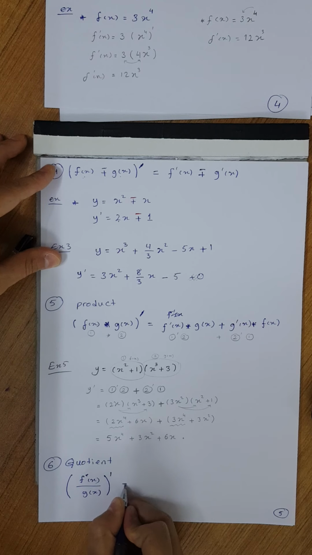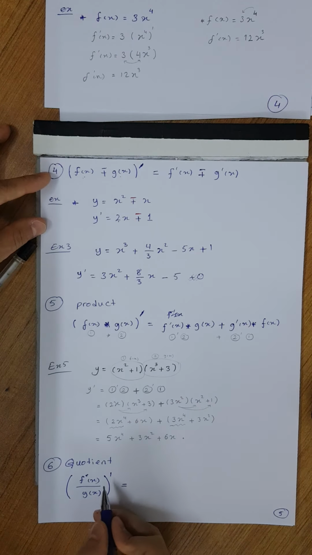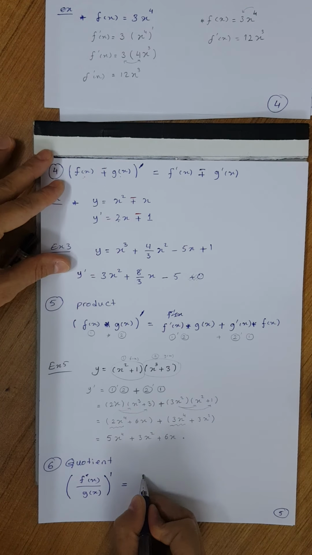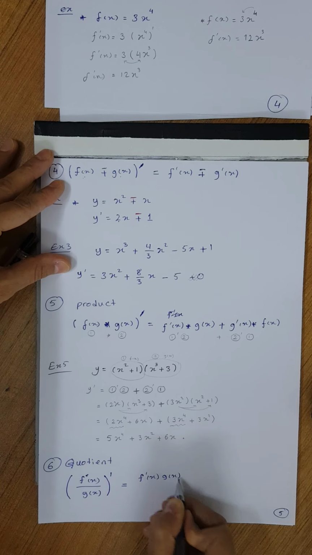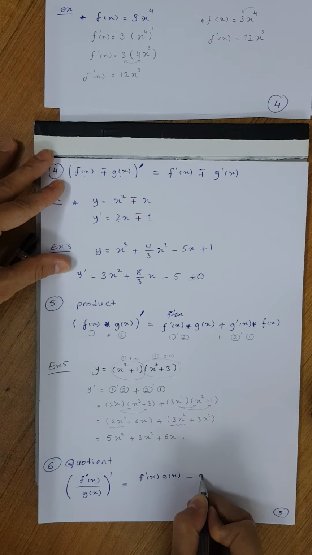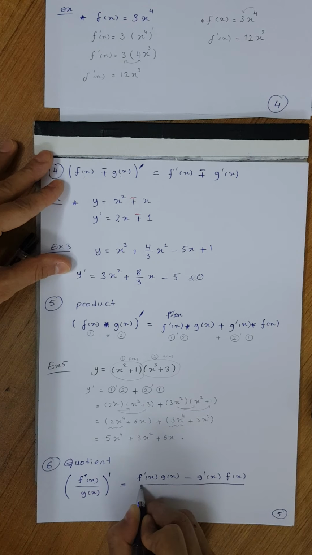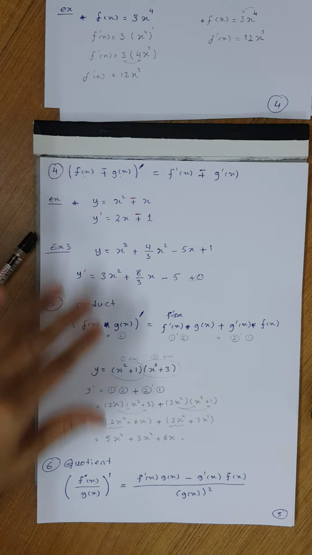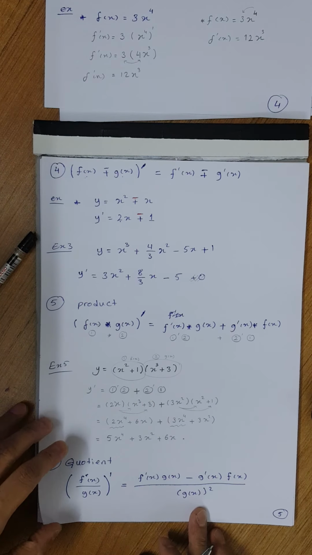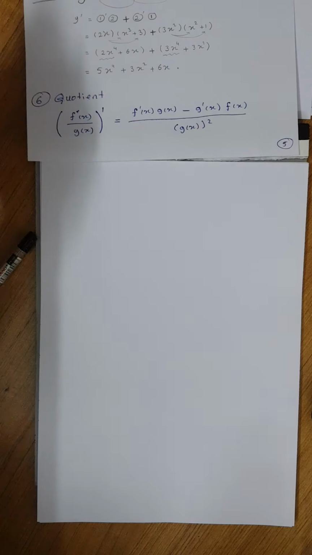If you want to take the derivative of this one, how can we find that derivative? We've got a rule. It says we are finding it as this: f prime of x multiplied to g of x without any change, minus we are finding the derivative of the denominator multiplied with the numerator without any change, all over denominator square. So we have got that rule for finding the derivative of a quotient function.